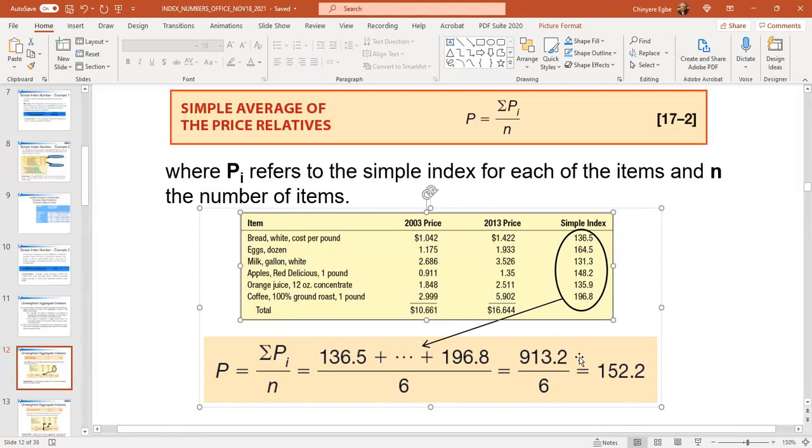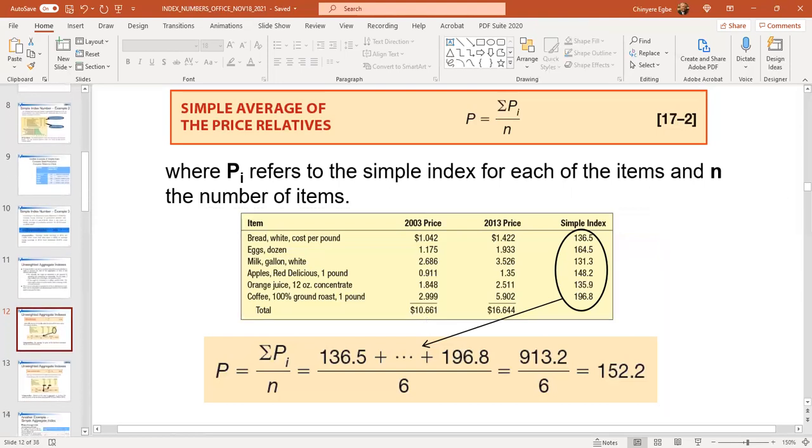And you divide all by 6 and you get 152. Which is to say that between 2003 and 2013, the price of this basket of goods increased by 52%, because if you take 2003 to be 100, then you get an index of 152, which is 52% higher.